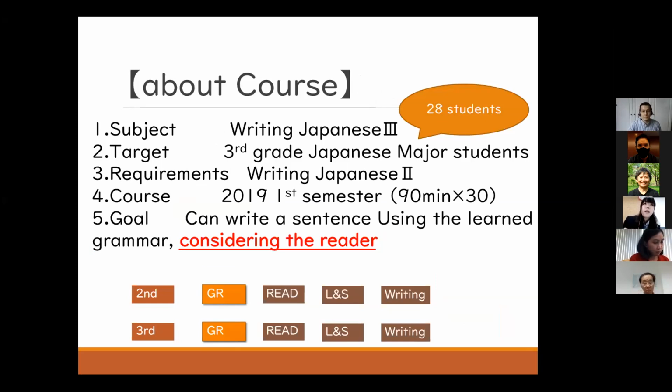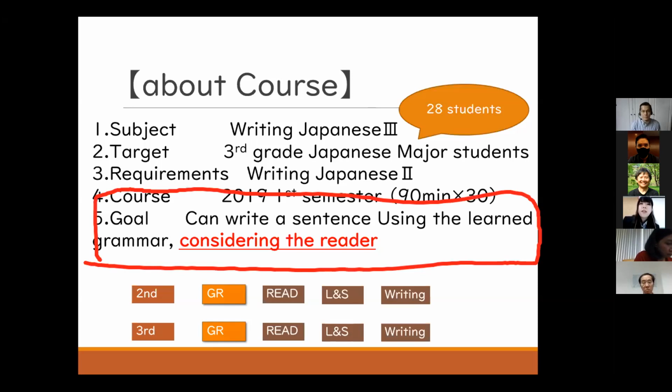The goal of this course is this one: to be able to write a sentence using the grammar, considering the reader. So we need a reader, and to talk with each other or another person.